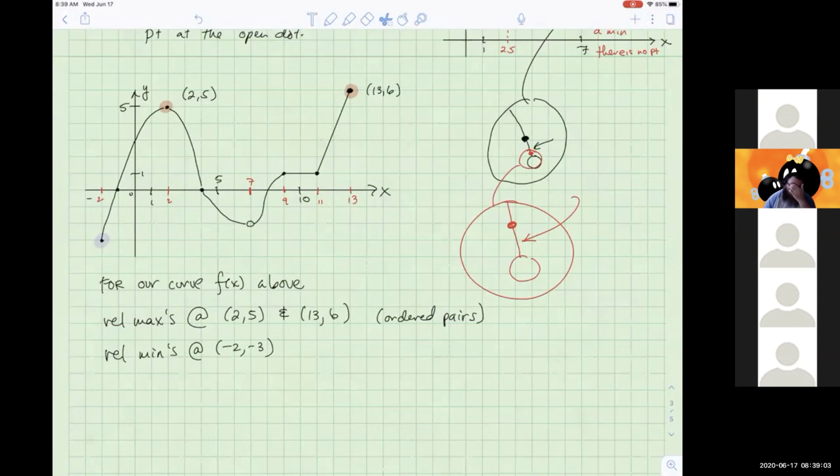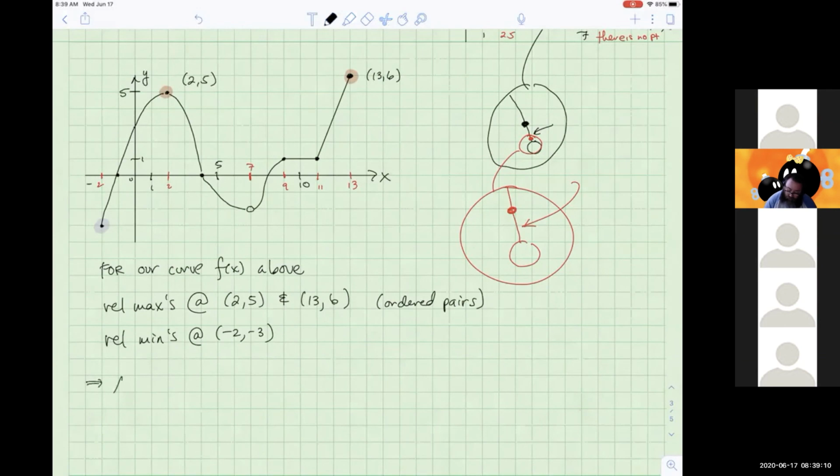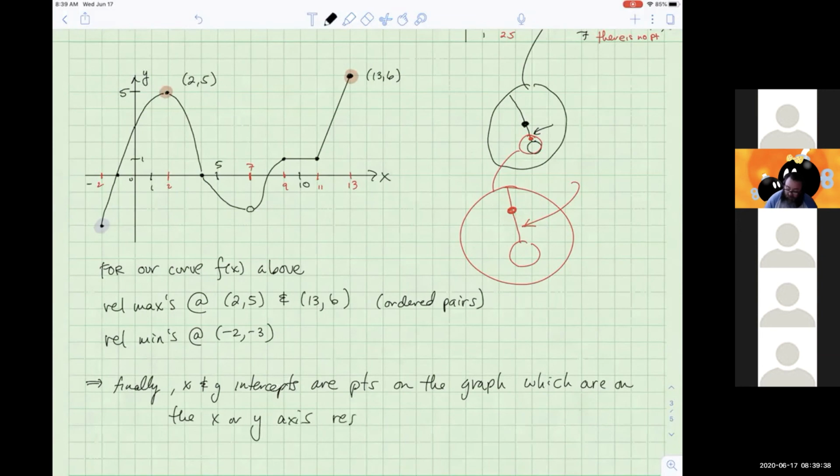And then one other thing that we're supposed to talk about are x and y intercepts, right? And we've already talked about that before, but finally, x and y intercepts are points on the graph which are on the x or y axis respectively.